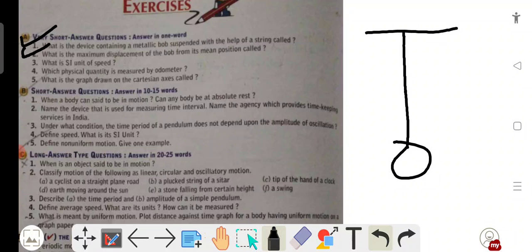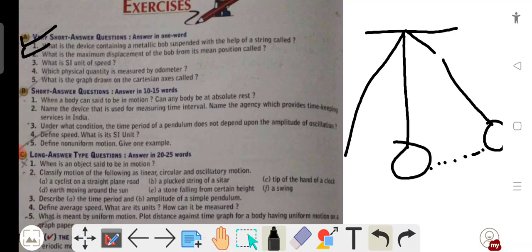Now in the second question, what is the maximum displacement of the bob from its mean position called? When the bob is displaced to the maximum position, that maximum displacement from the mean position is called the amplitude.